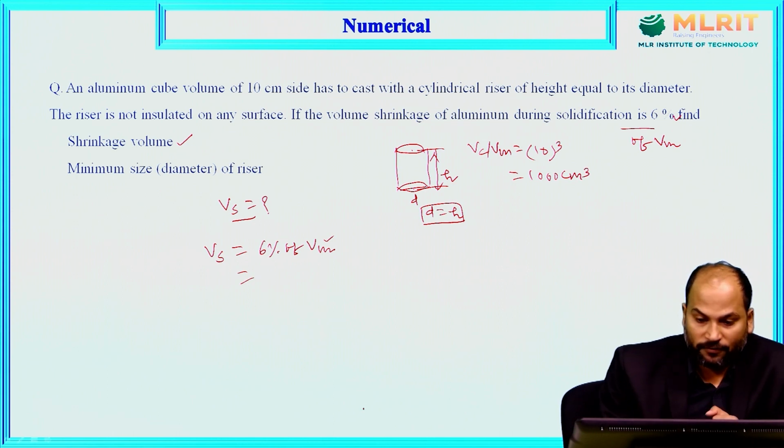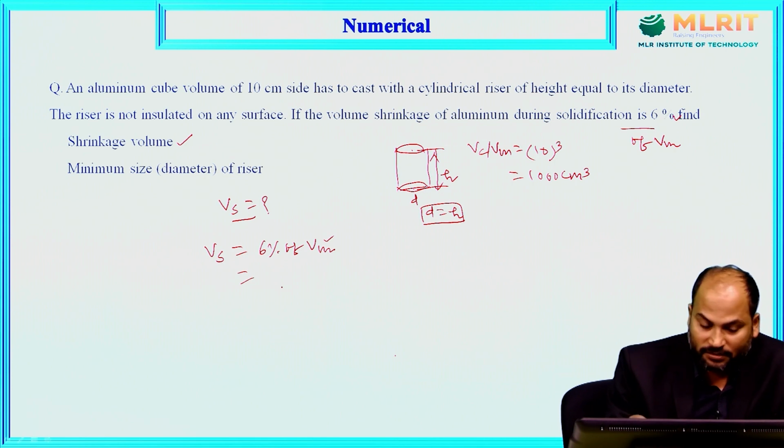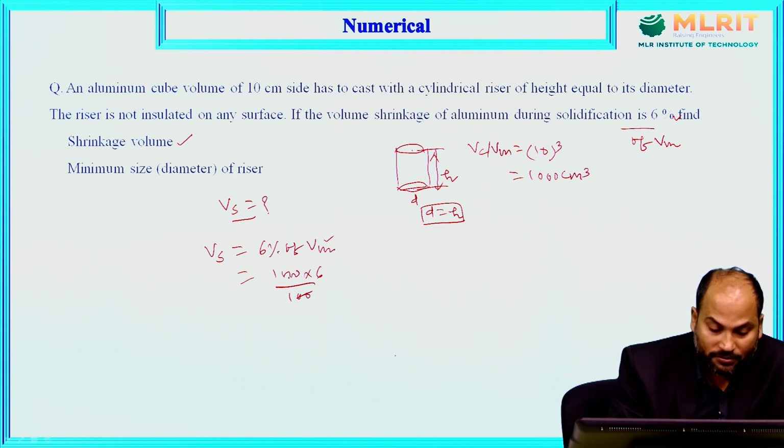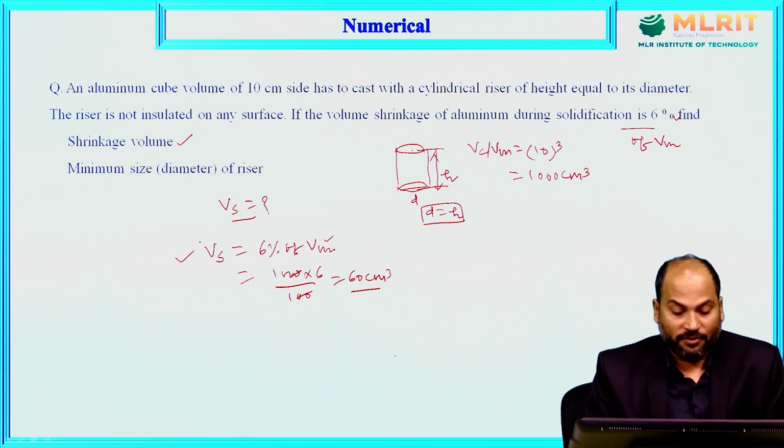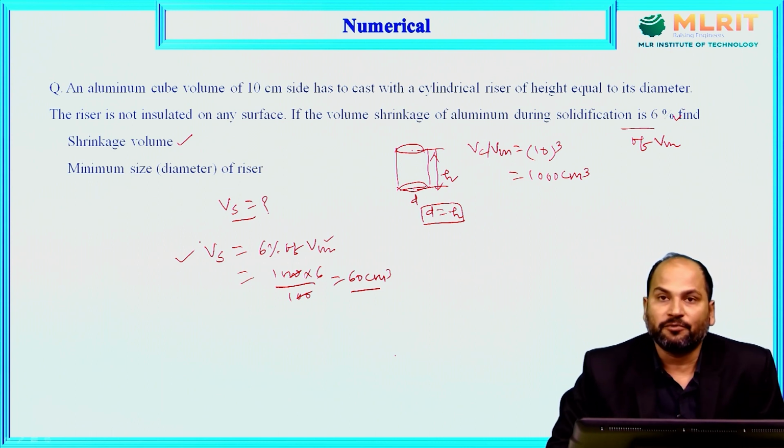So the volume of the cavity is 1000 centimeter cube. Taking 6% of this, it will be 1000 into 6 upon 100, which finally gives 60 centimeter cube. So the answer to the first part, the shrinkage volume, is simply 60 centimeter cube.